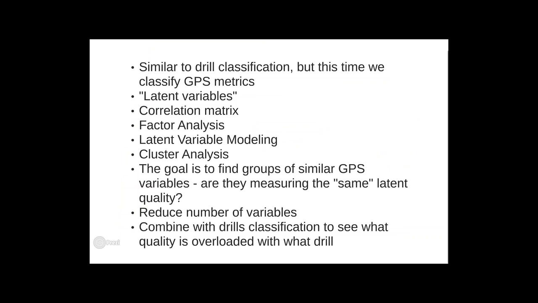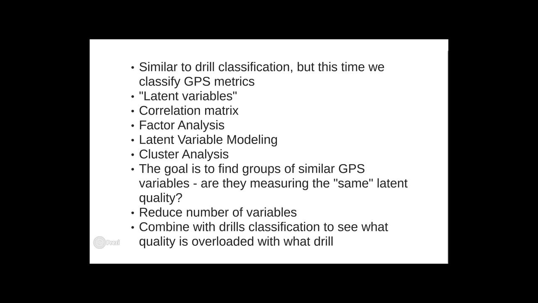One of the ways to try to extract those different variables is to use factor analysis. We can also use latent variable modeling and also cluster analysis. So we want to see, do these metrics also cluster? Are they correlating with each other and not correlating with others?